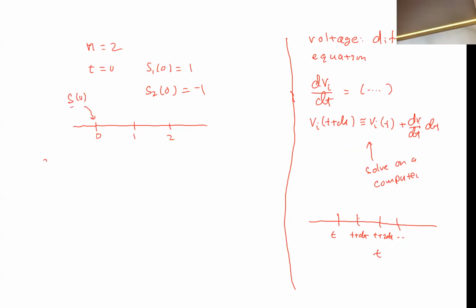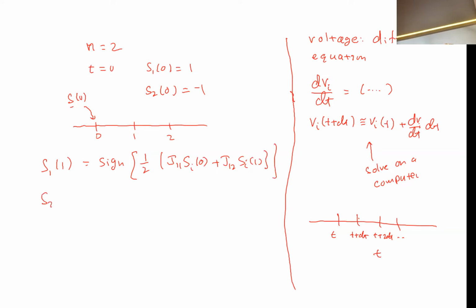So now S1 at time 1 is equal to sign of 1/2 times J11 S_1 at 0 plus J12 S_2 at 0.